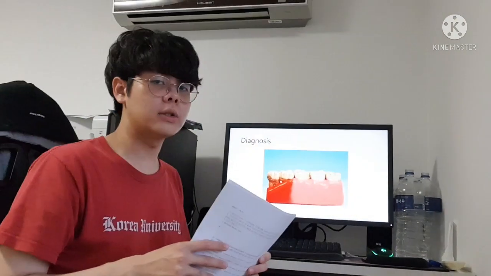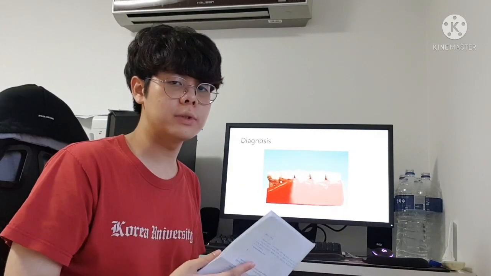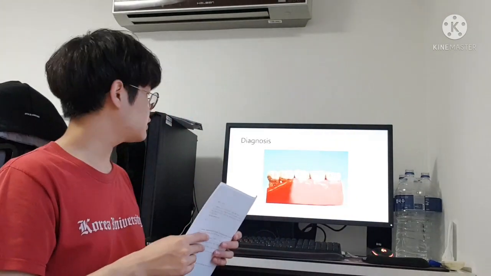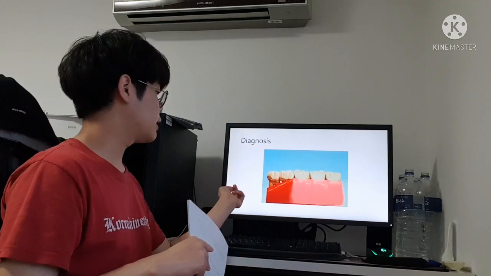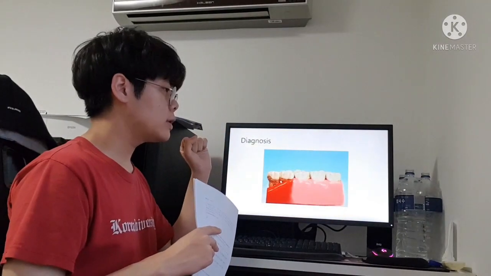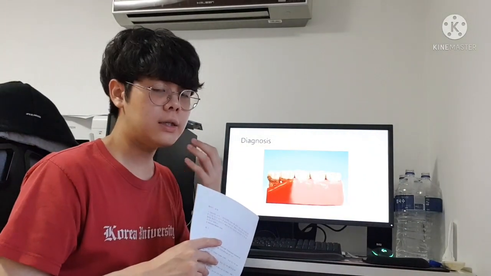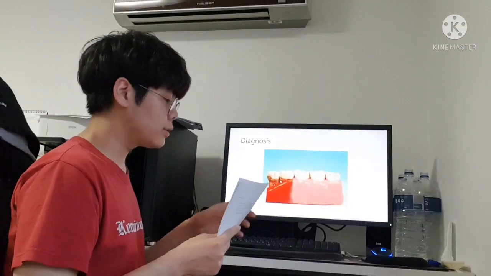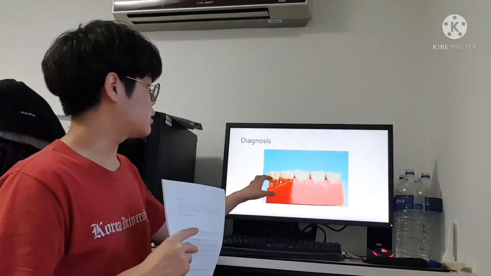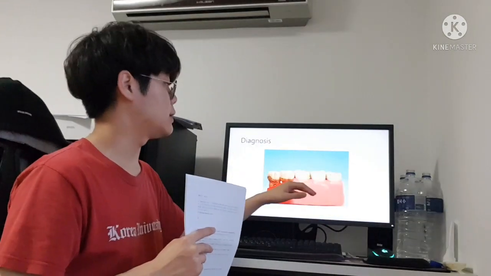And I'm going to tell you how implant treatment goes. The first step is diagnosis. For example, human teeth are mainly lost by periodontal disease, and as you can see, periodontal disease has many phases.